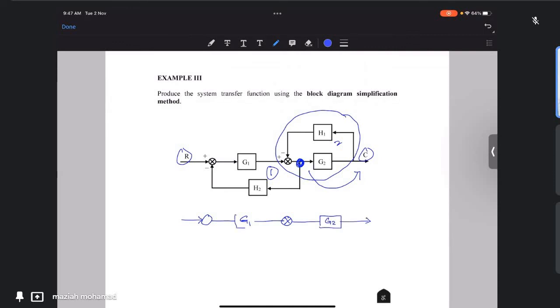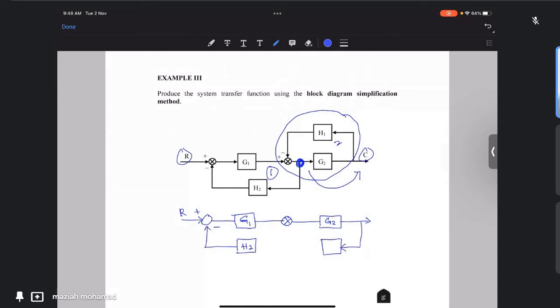G2, and then here we have H2, R. But since we move the pick-off point, there will be an additional block here.